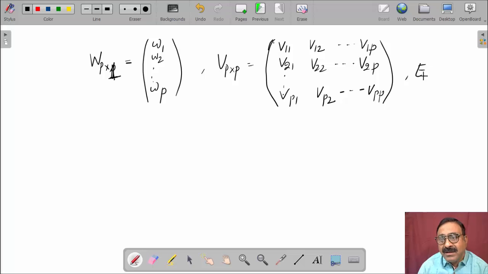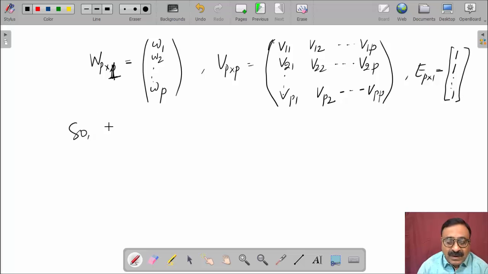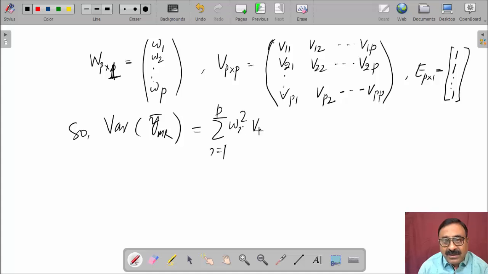And we define E, a p cross 1 matrix whose elements are each 1. So the variance of the multivariate ratio estimator can be written as summation i equal to 1 to p wi square Vii plus summation i not equal to j varying from 1 to p wi wj Vij, that is equal to w dash V w.